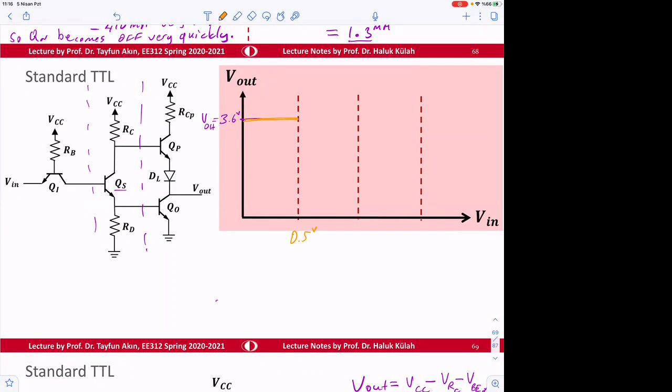So this way we can determine the input low. And then after this, the voltage will start dropping.